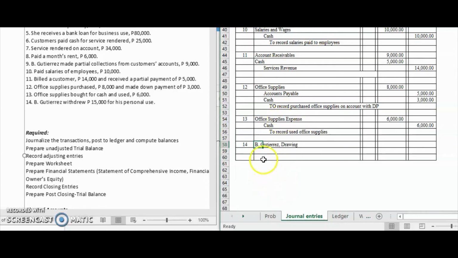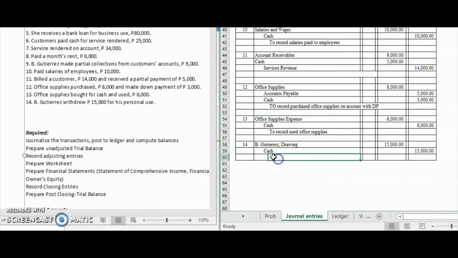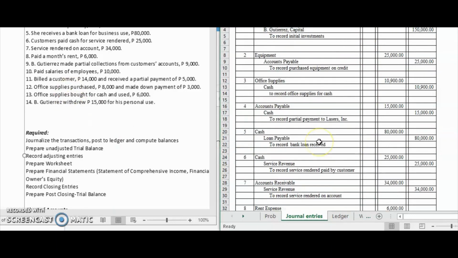So in this case, the owner withdraw 15,000 for personal use. There is a debit in withdrawal and credit in cash. How much? 15,000 to record owner's withdrawal. So that's how we journal entry.